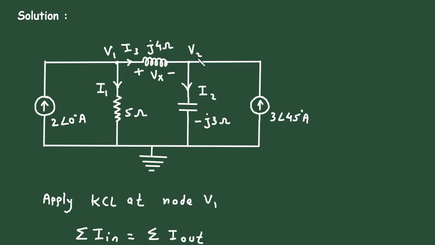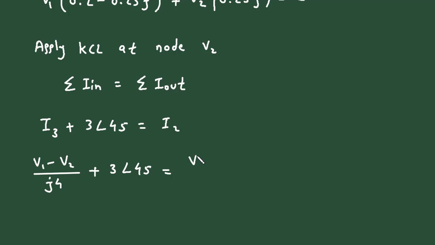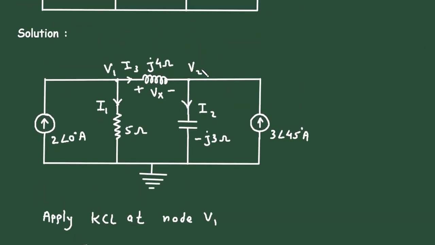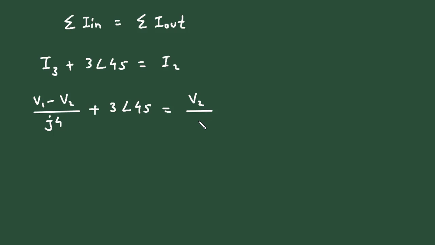So it will be V2 minus 0 divided by minus J3. So let's take this part on right side.